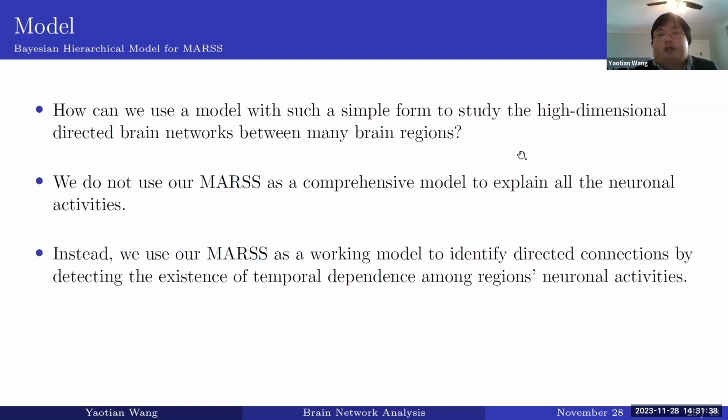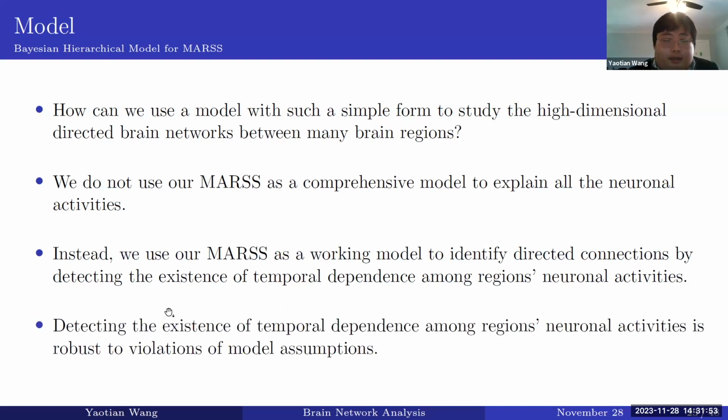Instead, we use our model as a working model to identify directed connections. We detect directed connections by detecting the existence of temporal dependence among regions' neuronal activities. And this identification of the existence of temporal dependence is robust to violations of model assumptions. Now let me show a simulation study to illustrate this.